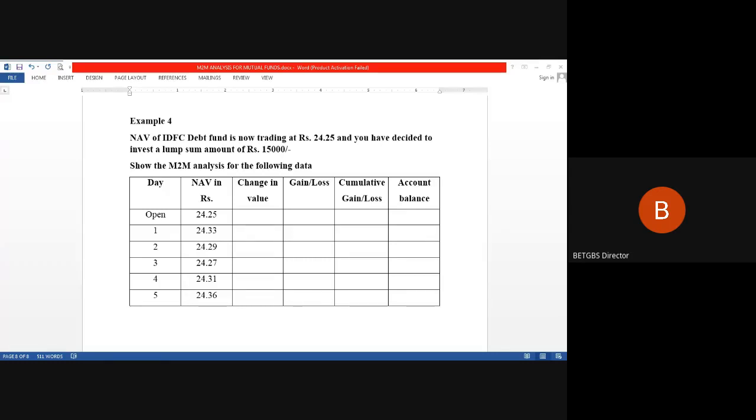So this is how we make this M2M analysis when it comes to your NAV profitability analysis. So this is all about it, and I would conclude over here. And in the next class, we'll discuss the further computation of net asset valuation of mutual funds.